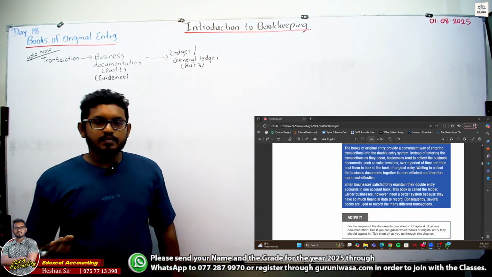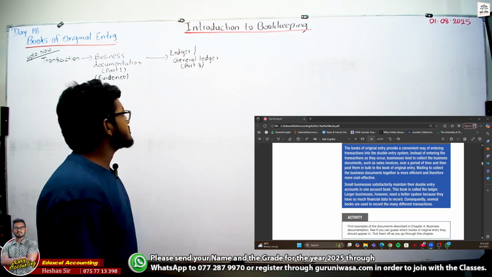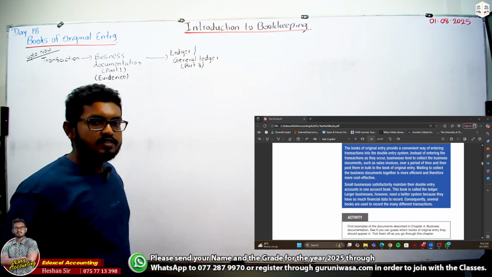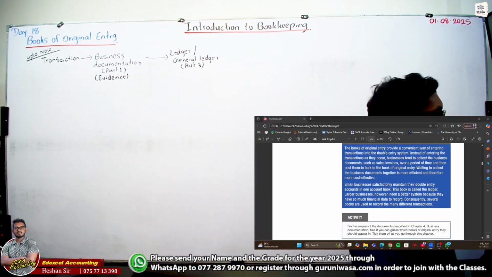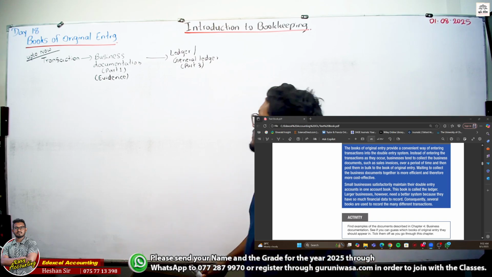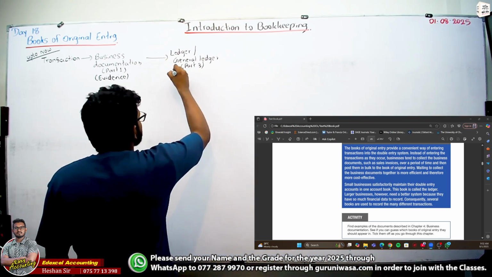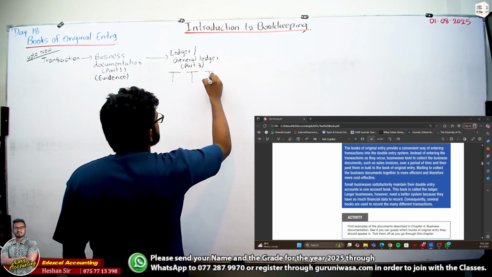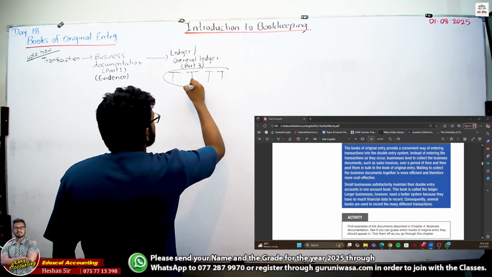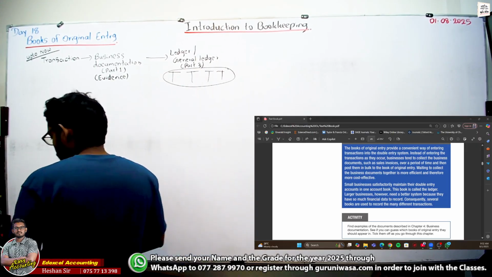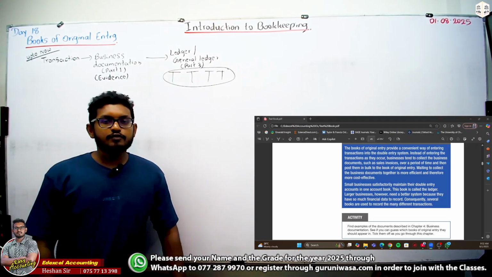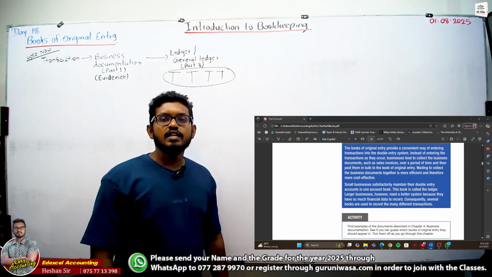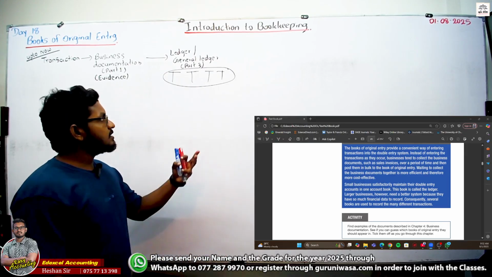When you purchase the pizza, they issue a business document as they receive the cash. Is it clear to you guys? The ledger, or general ledger, is the place where we maintain all the T accounts, and there is a problem with that. If we need to take decisions, we can't take decisions by looking at the ledger.